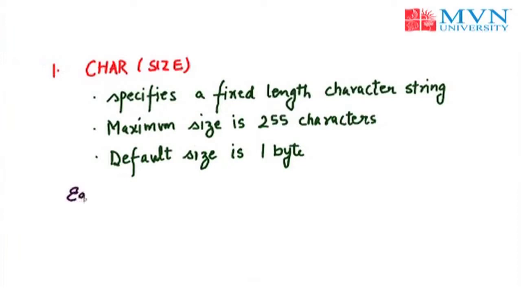For example, name CHAR(50). If the data held in the variable name is only 30 characters in length, then the remaining 20 characters of space are padded with blank characters.